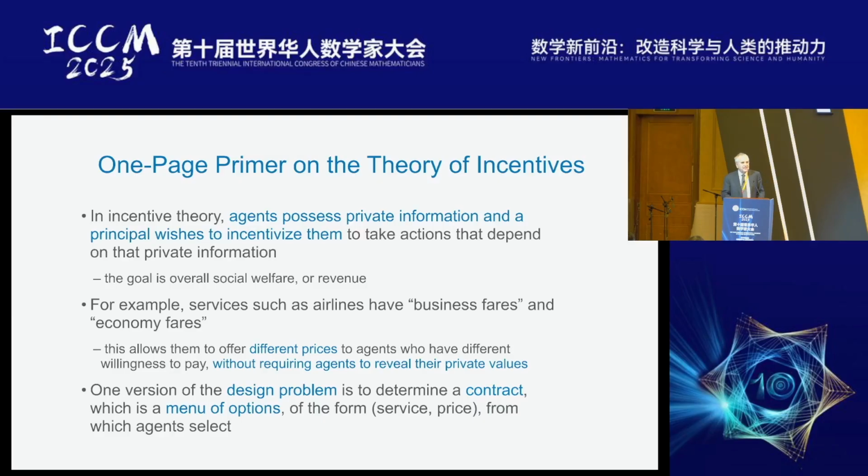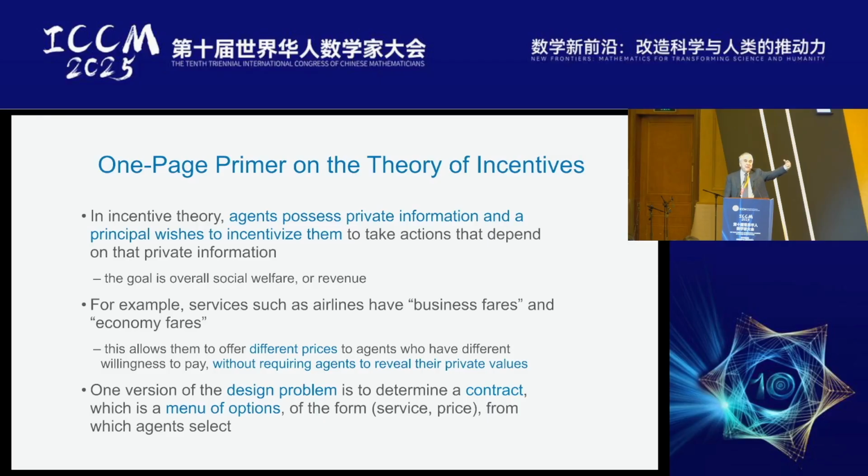All right, and so what that system is, it's called contract theory. You have different services and different prices. You have a menu of options. This service, this price, this service, this price. And there's a big list of them. Each person individually looks at that menu. They all get the same menu. There's no discrimination. And they pick one of the options that, for them in that moment, only they know is a good option.